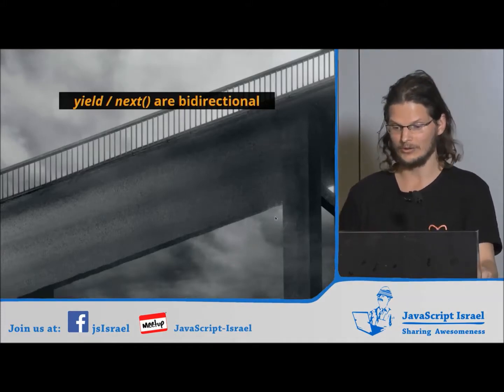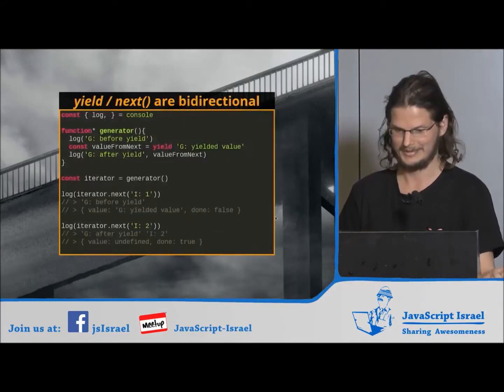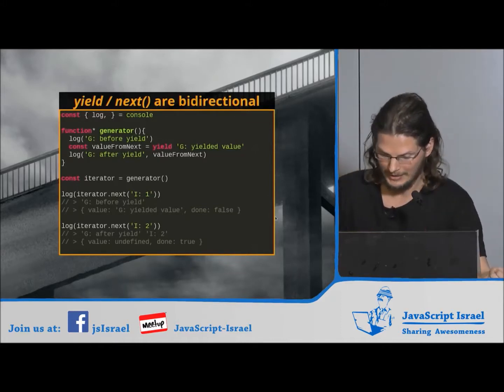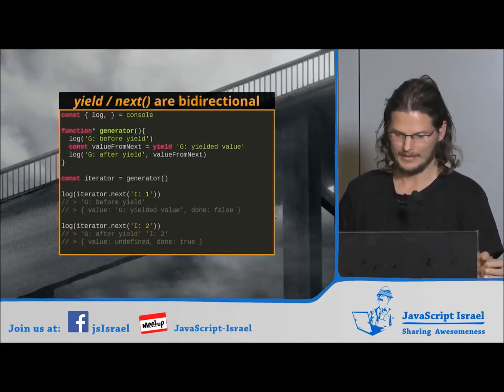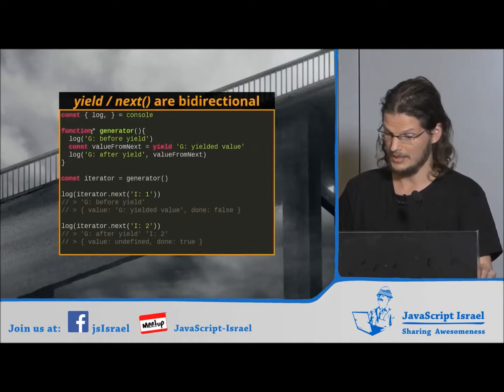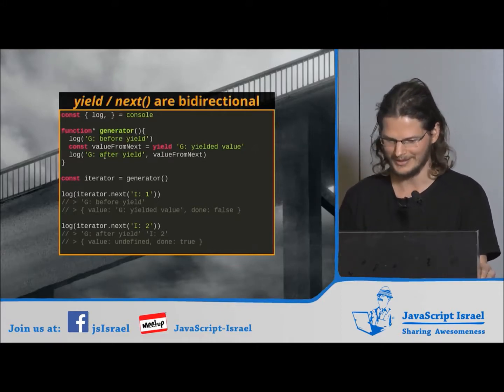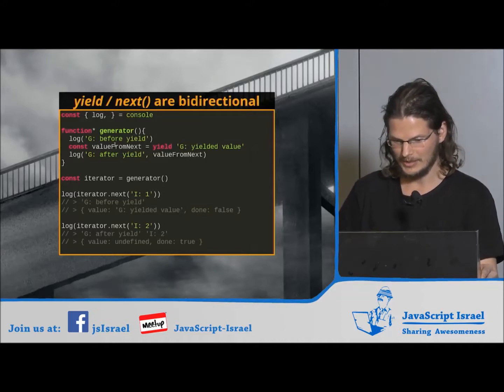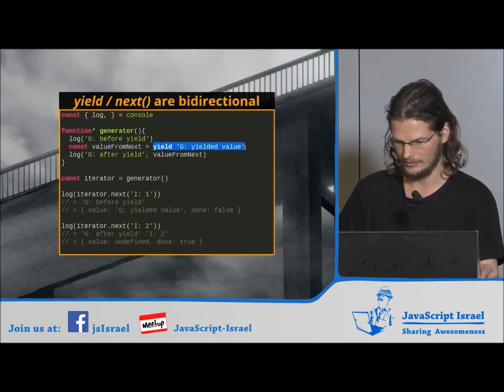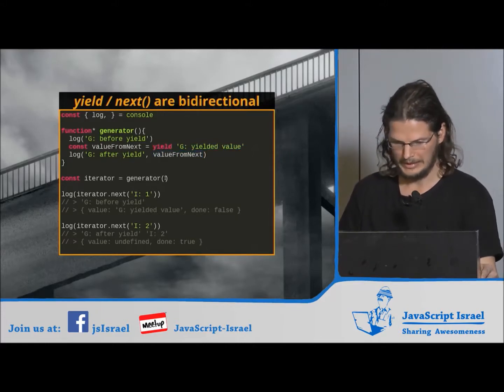Yield and next are also bidirectional. Let's see this here. We have the exact same function. I warned you I'm going to repeat it. This time we have value from next equals yield, and then we print it.